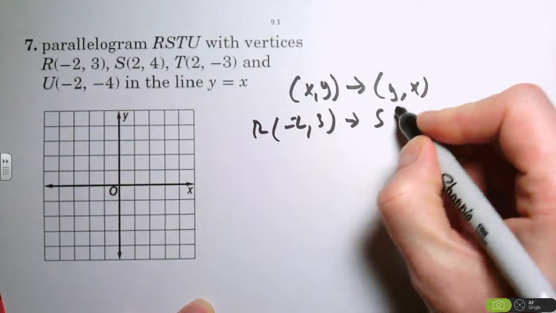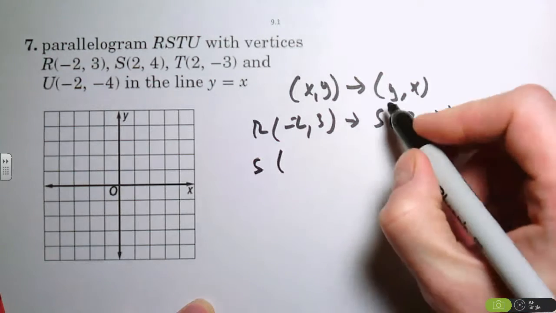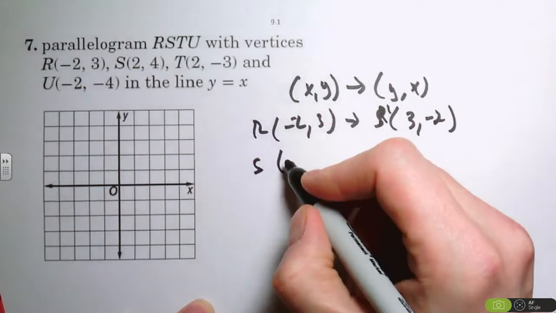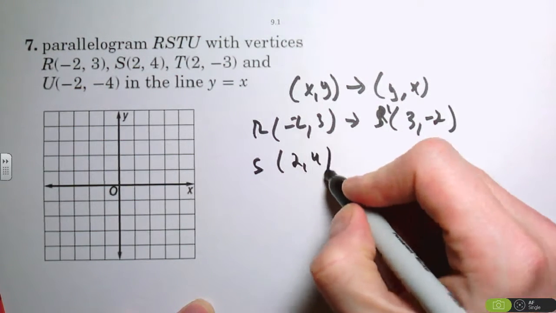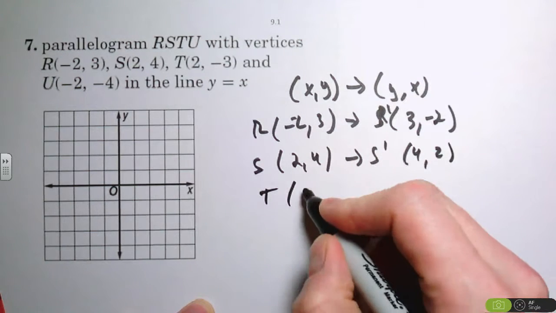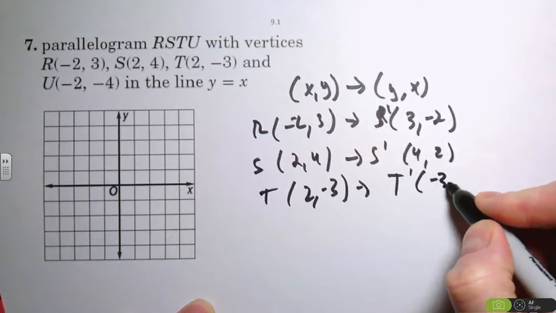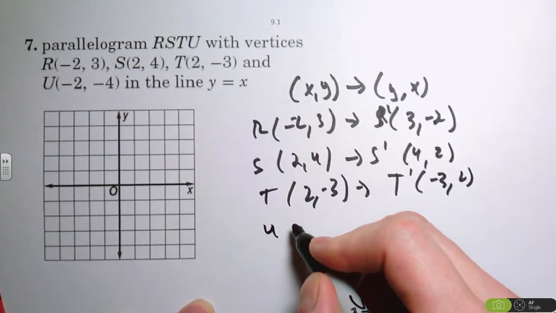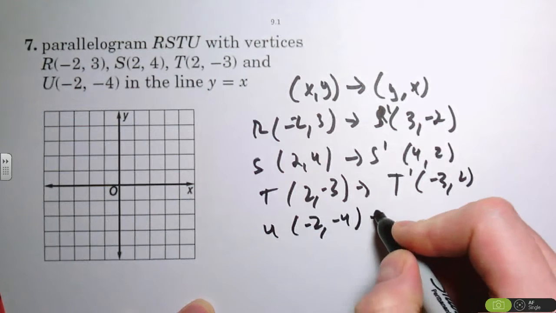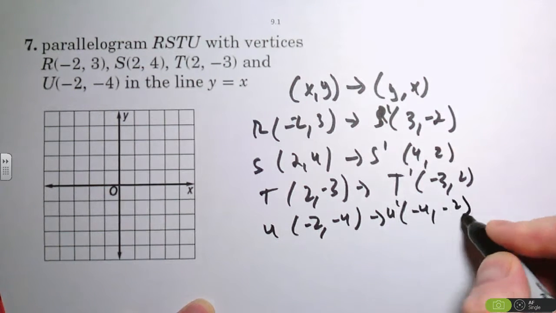Sorry, R prime is at (3, -2). S is at (2, 4), so S prime is at (4, 2). T is at (2, -3), meaning T prime is at (-3, 2). And U is at (-2, -4), which is at U prime now at (-4, -2).